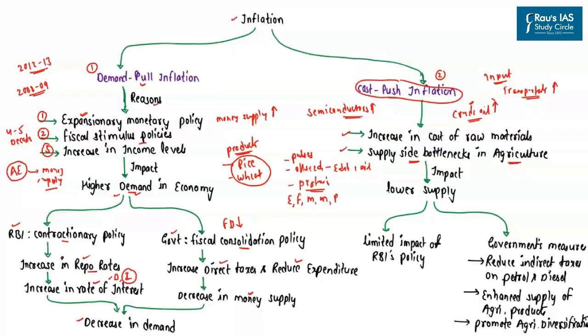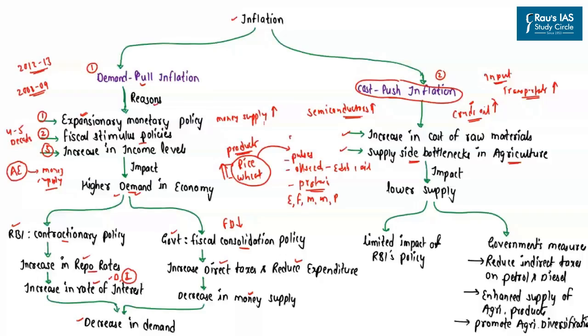Now the reason why we face this kind of inflation, especially with respect to pulses, oil seeds and protein based foods, is because over a period of time people's consumption pattern has actually shifted from rice and wheat to more of, say, pulses, egg, fish, meat, milk and so on. In spite of the shift in the consumption pattern of people from rice and wheat to other protein based foods, the agricultural basket, that is the production basket of Indian agriculture, is still dominated by rice and wheat.